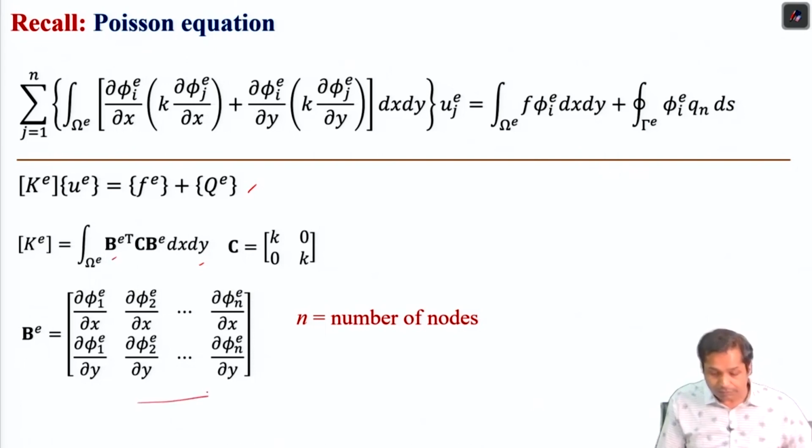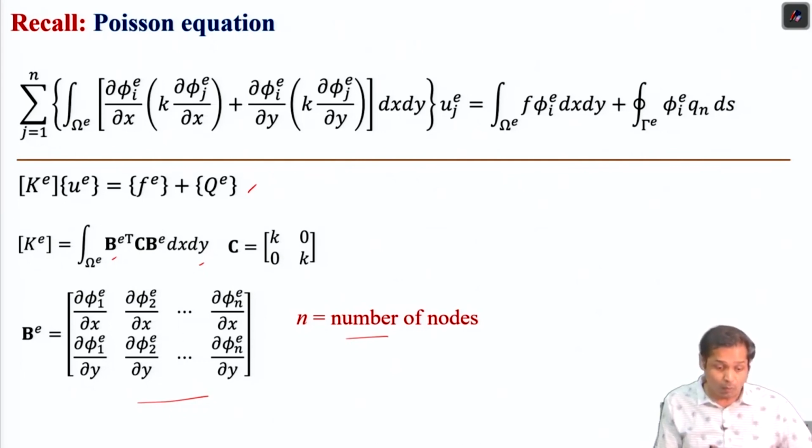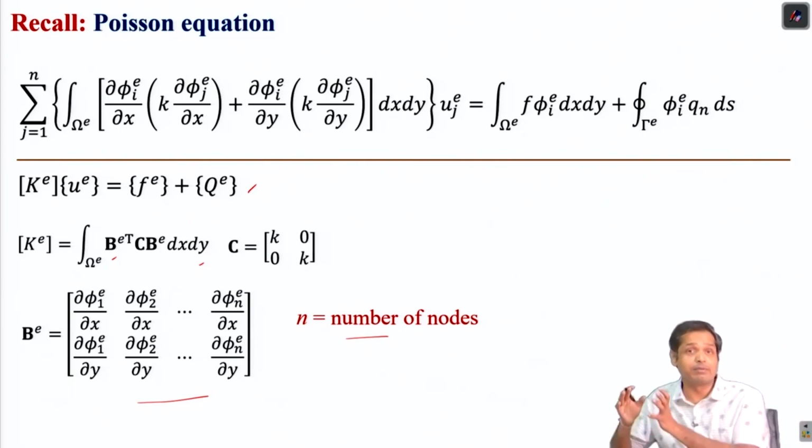B is equal to this, which involves the derivative of this f function. N is the number of nodes. Now, all these equations are written with respect to the xy coordinate system. But we have all these f functions, and integration, everything we are doing on the parametric domain.